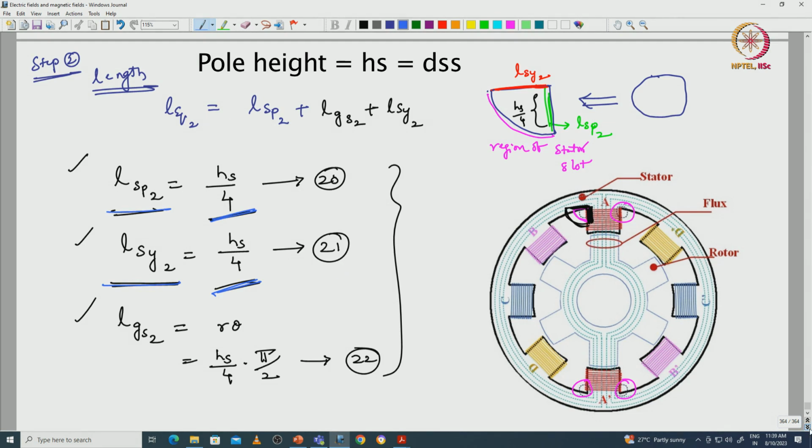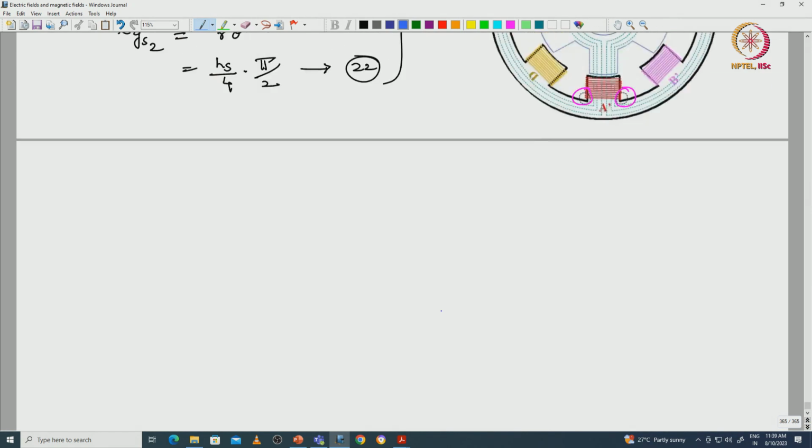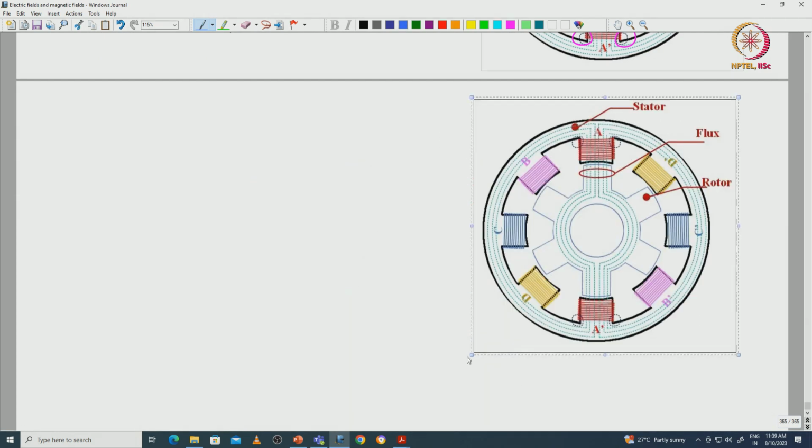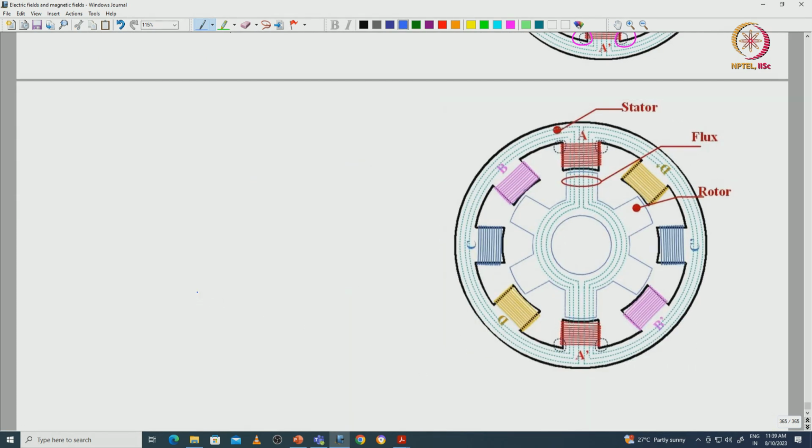Next we will calculate the cross sectional area. Step 3, cross sectional area with respect to the stator pole region. So, this is the cross sectional area. Here flux lines are flowing in this direction, the pink color line you can see here, if not I will use a black color line.